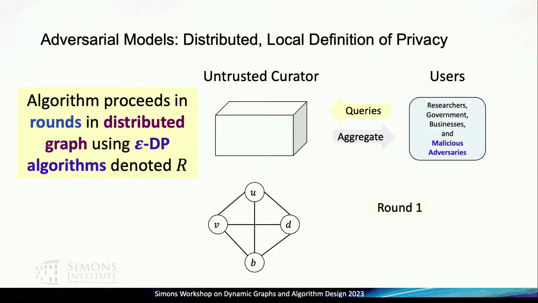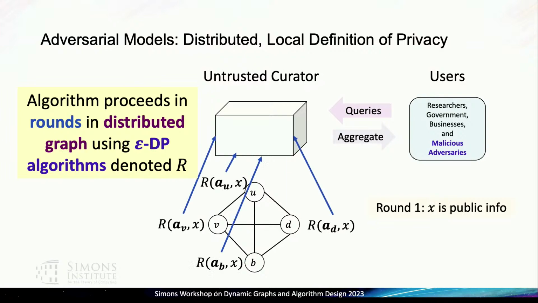The nodes are now outputting privatized answers, so we don't have to trust the curator with their private adjacency list information. You just need some curator; you don't have to trust them. They just need to do some coordination on the algorithm. In each round, the coordinator sends some public information to the nodes. Let's say this public information is X.